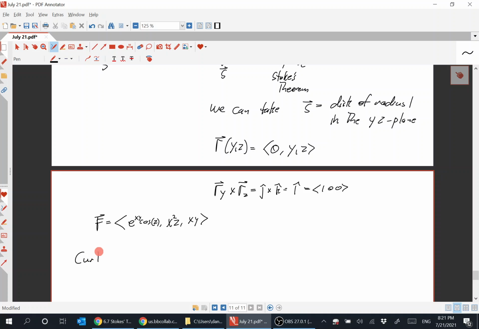Right, so the curl of f is the determinant with i, j, k, partial x, partial y, partial z, and e to the xy cosine z, x squared z, xy. So the first component is x minus x squared.